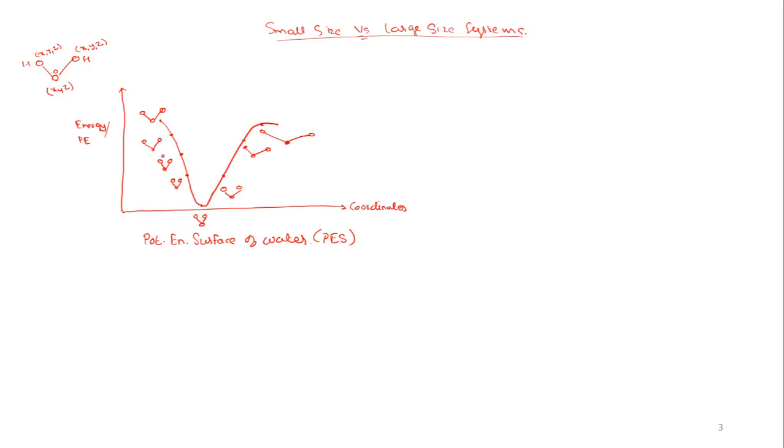Okay, now what can we observe from such a potential energy surface of water? In this potential energy surface, we can clearly define a global minimum point, which is called the global minima. You can observe a point at which there is the lowest free energy, or lowest energy, in your water system.